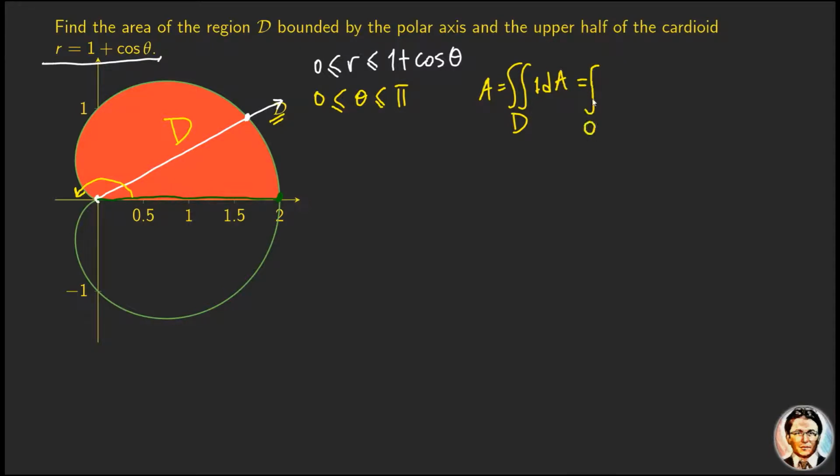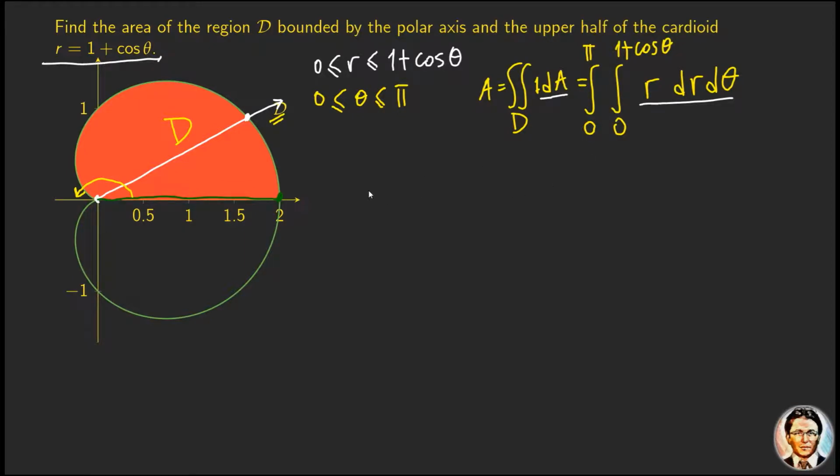So theta is from 0 to pi, and r is from 0 to 1 plus cosine theta, and we want to integrate r dr d theta. This is what the area is in terms of polar coordinates.